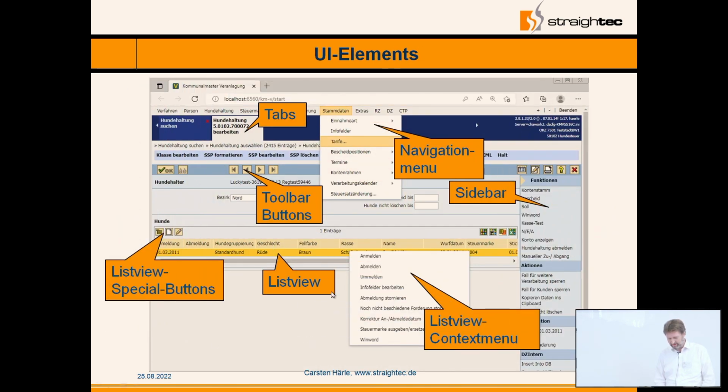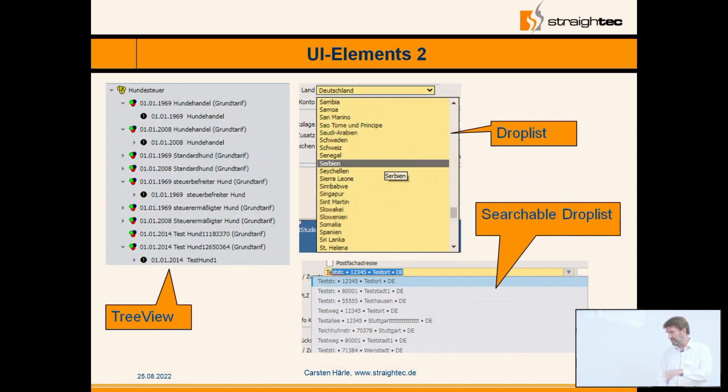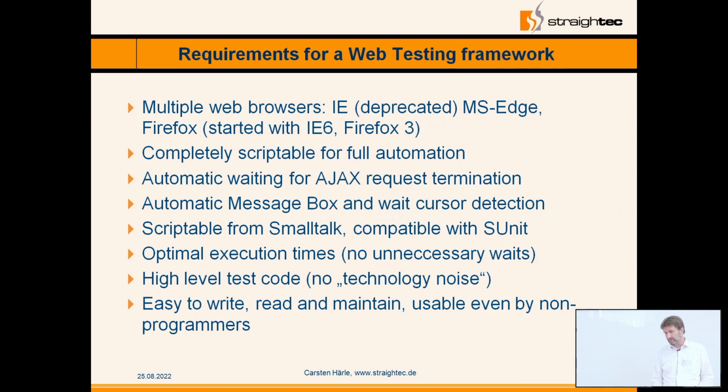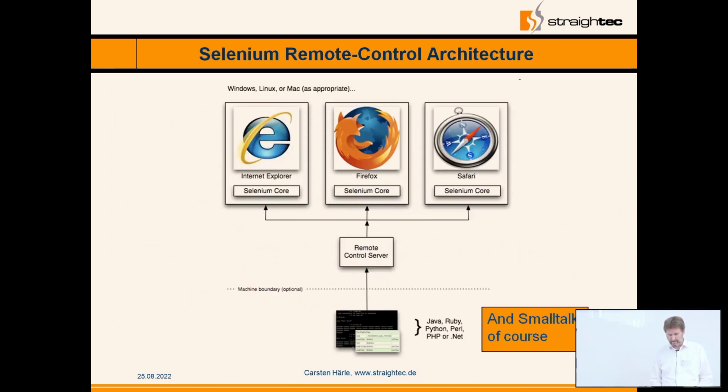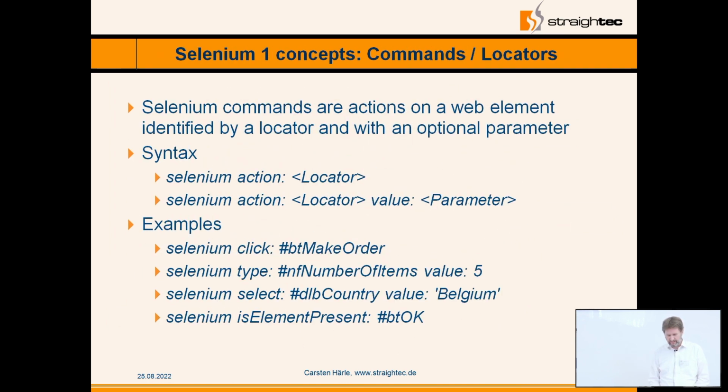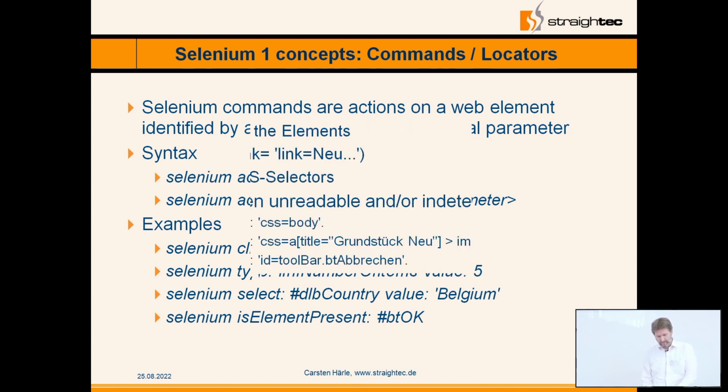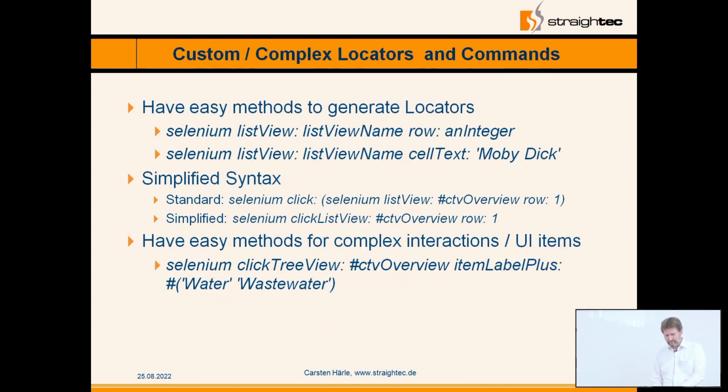For example, we have this list view, which I showed before. This is just a list view which has headers and all the things. When you navigate, it consists of hundreds of small HTML components with dynamically generated IDs. So we say the user should only see the list view and the list name, and then click on row 5, or click on a row which contains some text.